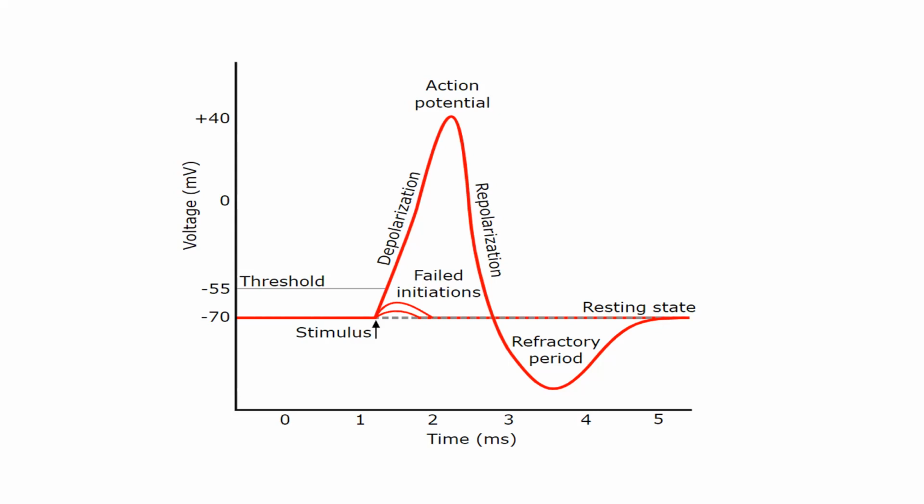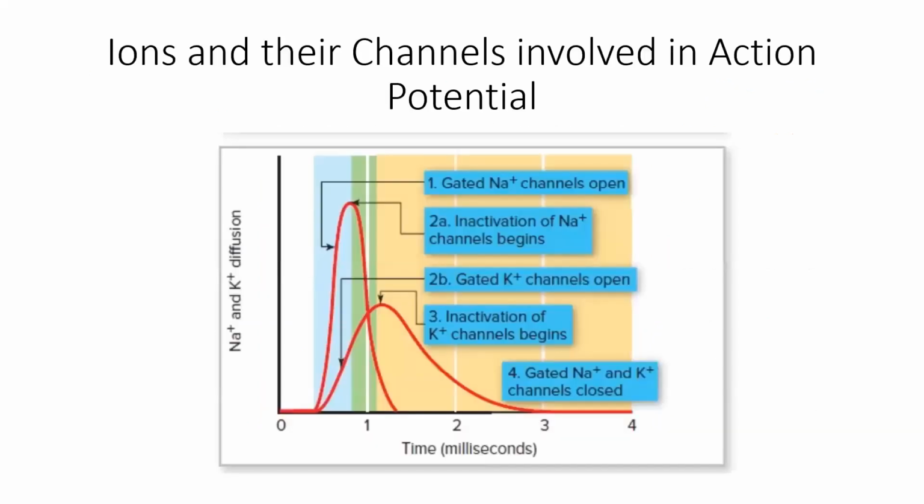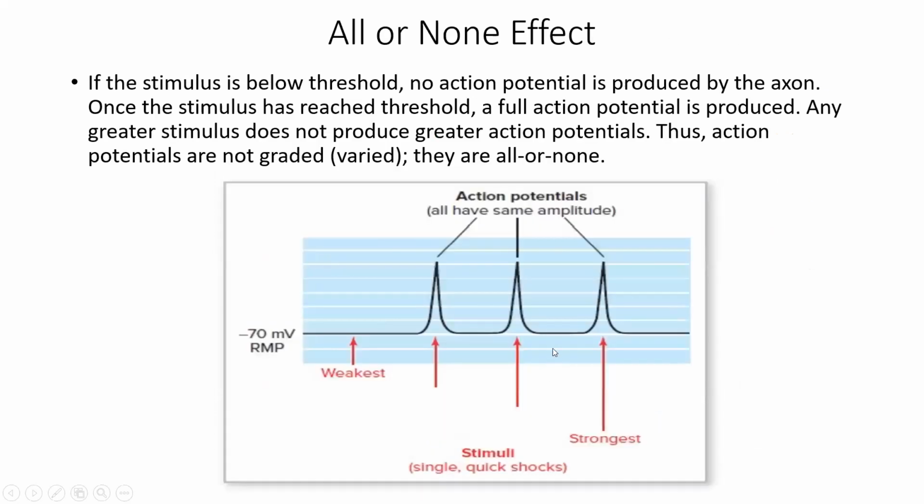After this hyperpolarization is over, we get back to the resting state, to our resting membrane potential, and the cell will be able to respond to a new signal and start a new action potential. This slide also represents which channels are opened in specific parts of the action potential and what the directions of the ions are, which is really important.